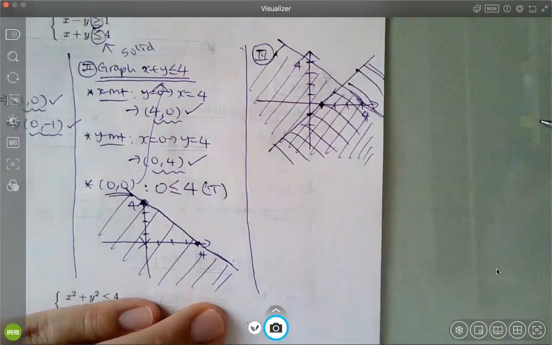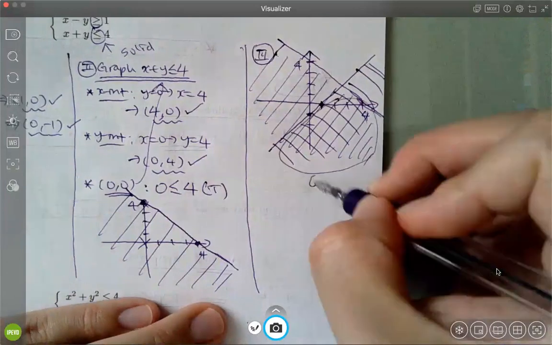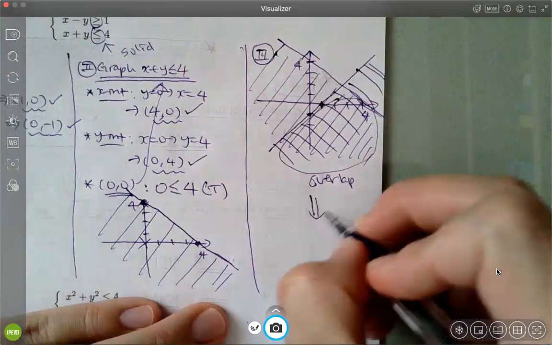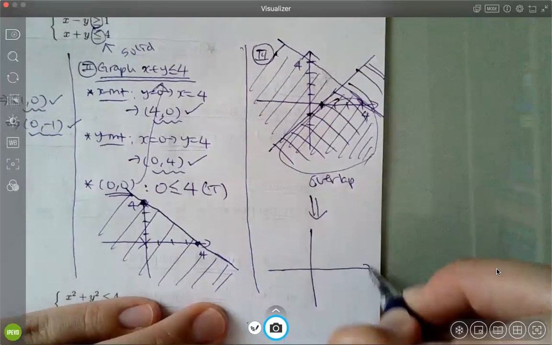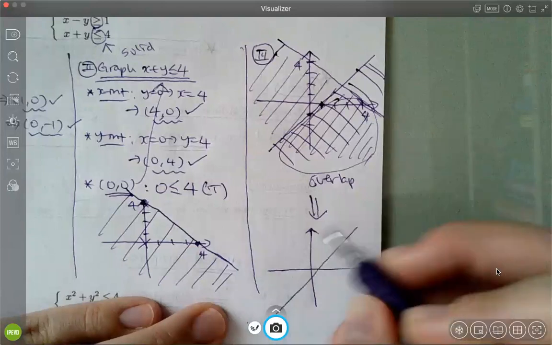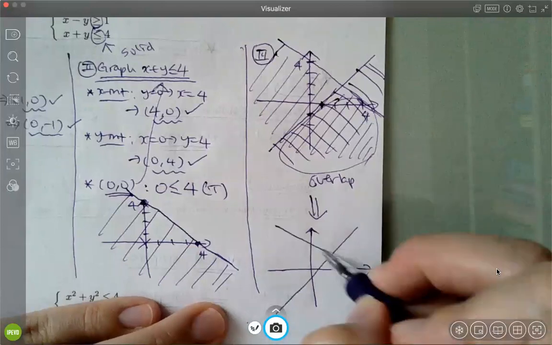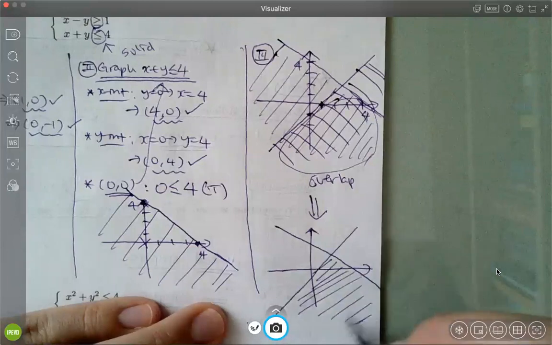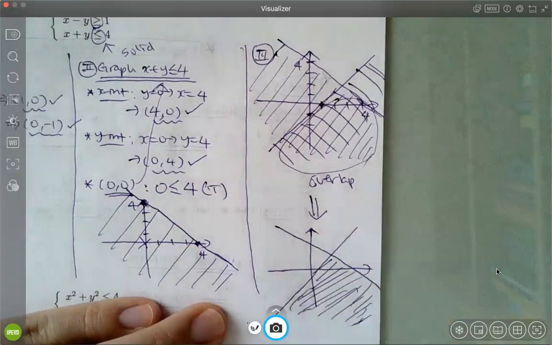Where is the overlap? Here, right? Okay, so what is the final answer? The final answer is this, and then this, and then you shade this. Okay, so that's the final answer.